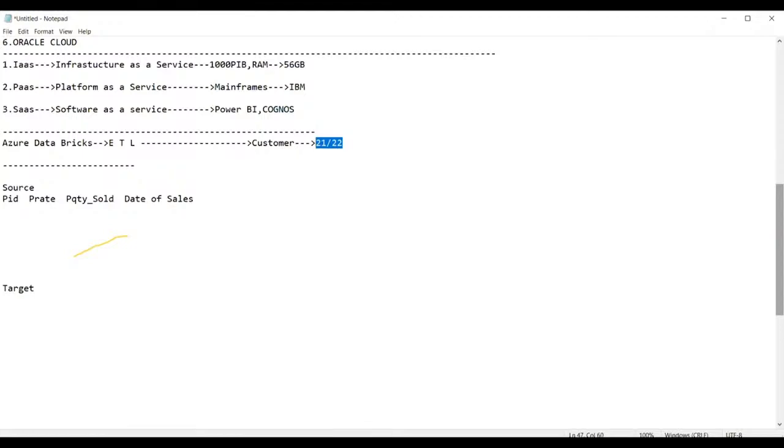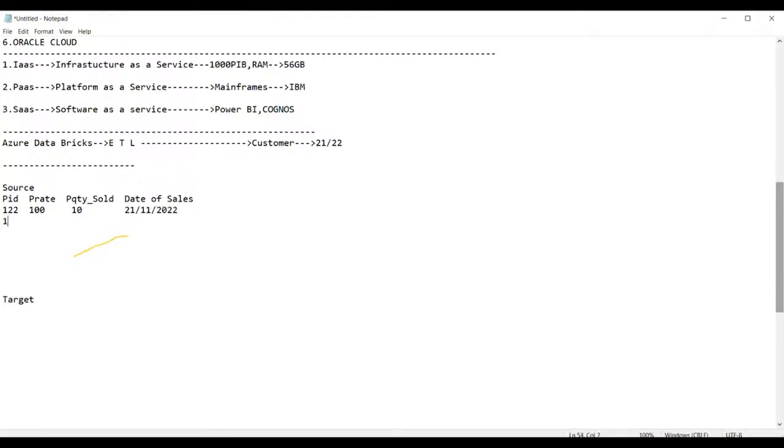So guys, to report this to the customer, what do you require? You require the source, consisting of the following information: product ID, product rate, product quantity sold, date of sales. Let us give product rate as 100 rupees, quantity sold as 10, and date of sales 21/11/2022. Then another product with rate 200, quantity sold 05, and date 21/11/2022.